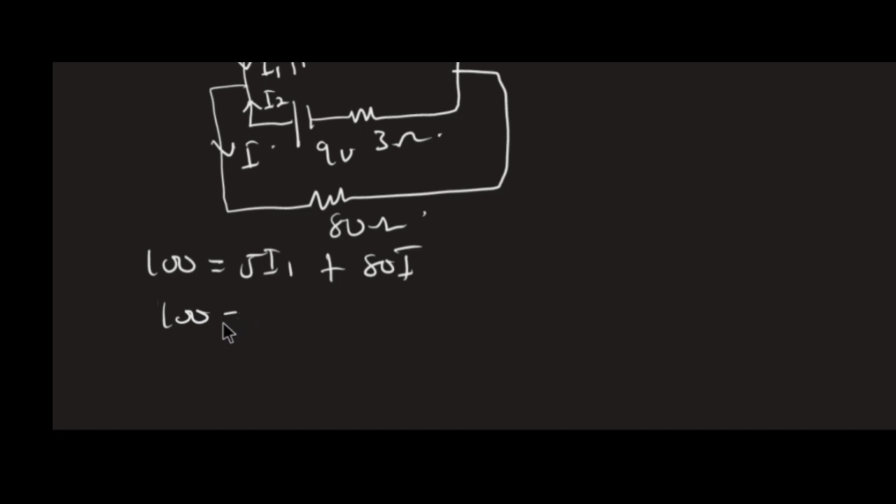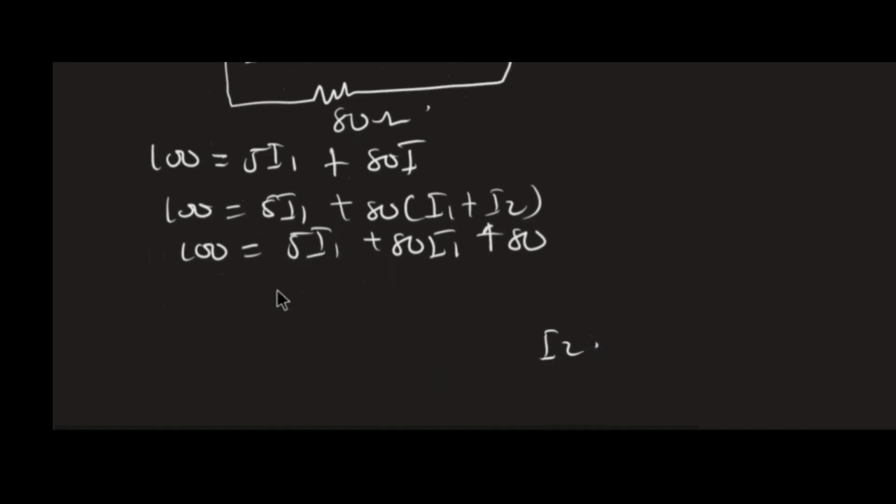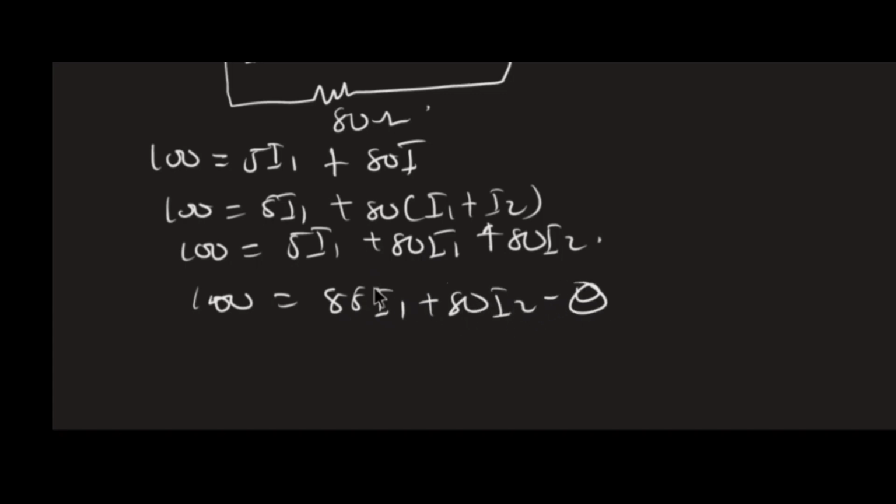So 100 is equal to 5I1 plus 80(I1 plus I2). So 100 will be equal to 5I1 plus 80I1 plus 80I2. Hence, my equation becomes 100 is equal to 85I1 plus 80I2. Equation 1. This is 85.